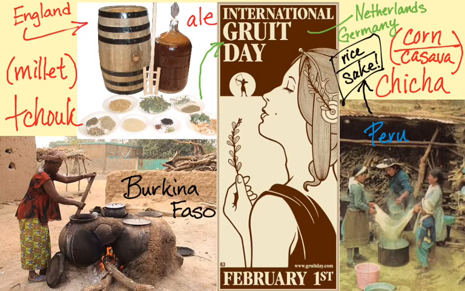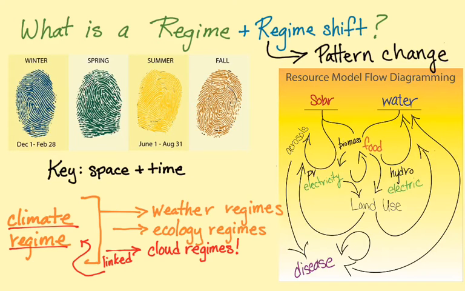Okay? Moving on. So if we tie back to lesson 10, the last materials that I was talking about, you're going to see that I have this discussion on what is a regime and a regime shift. All of that, you can go on back and take a look at it.